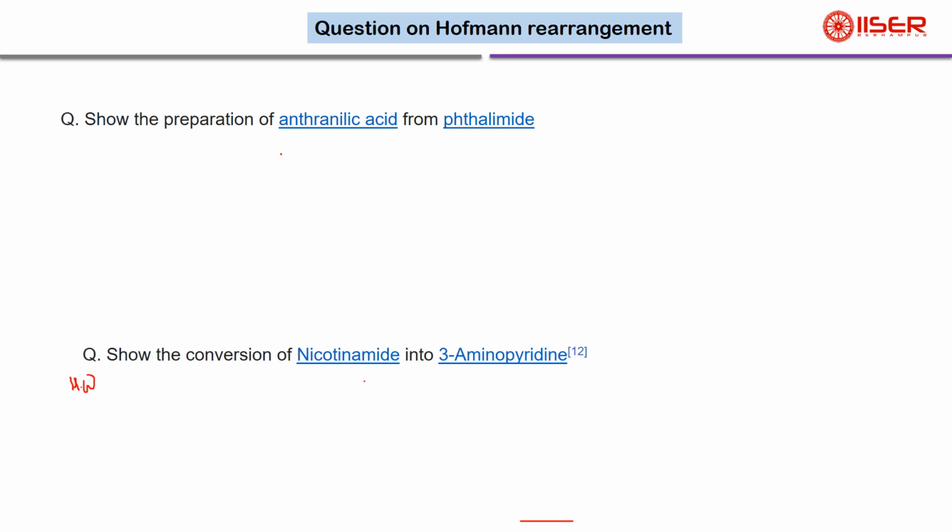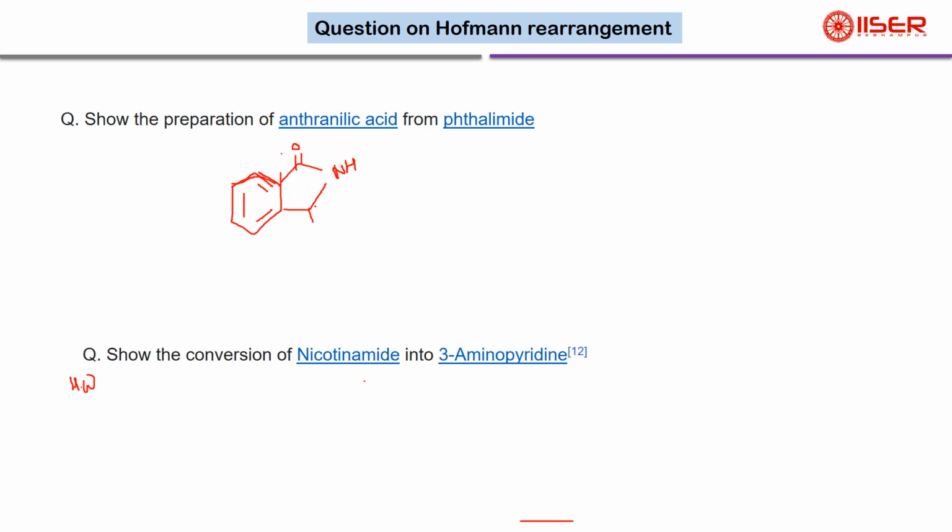So I will just show the preparation of anthranilic acid from phthalimide. Do you know the structure of phthalimide? If you know phthalic acid, it is the 1,2-dicarboxylic acid. Phthalimide will be the amide version of phthalic anhydride. So this is called phthalimide.